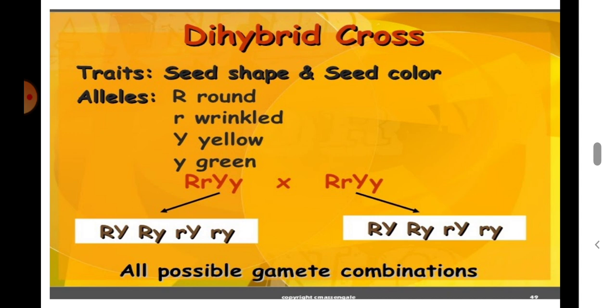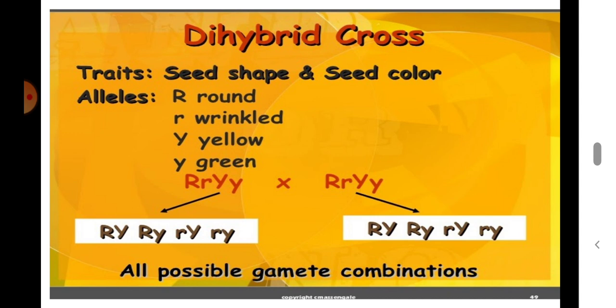The yellow is represented by the capital Y, and the green by the small y. So here the round yellow plant has the genotype capital R, small r, and capital Y, small y, and it is crossed with the female parent, the recessive parent, the wrinkled green parent, small r, small r, and small y, small y.